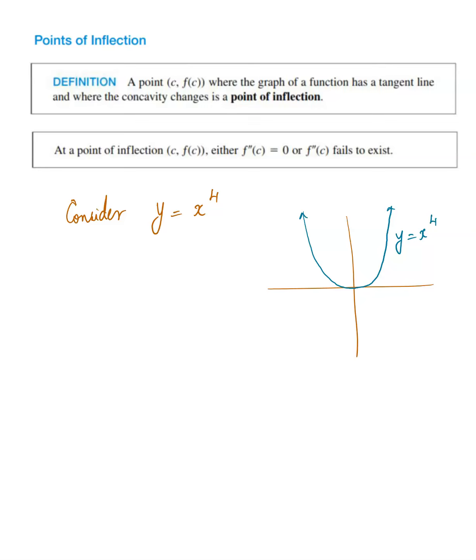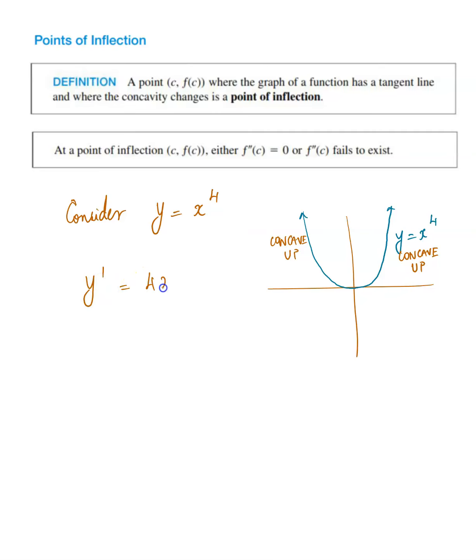Think about it. This is a U-shaped graph, totally. So this is going to be concave up here as well as concave up here. I can see that from the graph, but I can also verify that here.